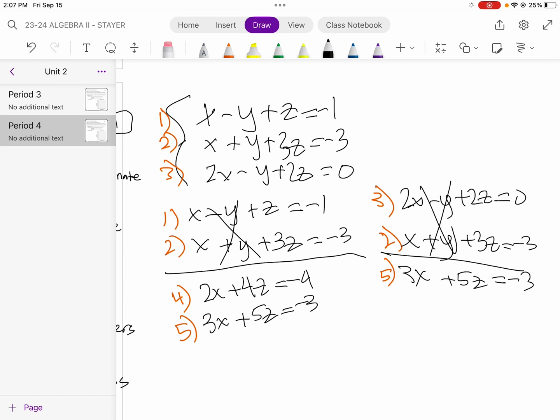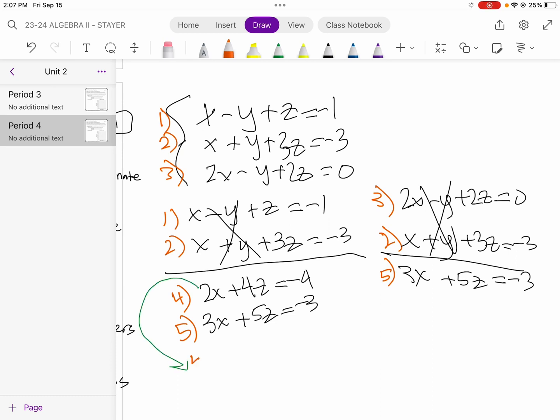Need 10 seconds to think about it? Sure. If I'm going to eliminate the z's, which is completely fine, Charlie, what would I have to multiply the top equation by? Probably 5.